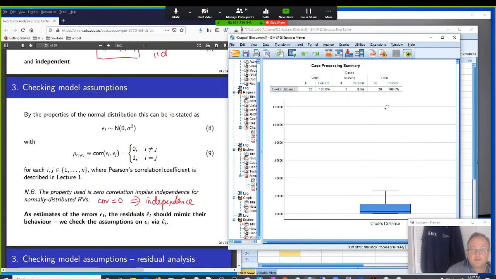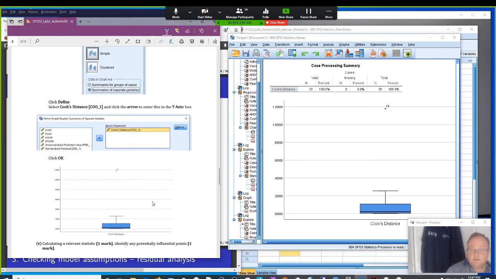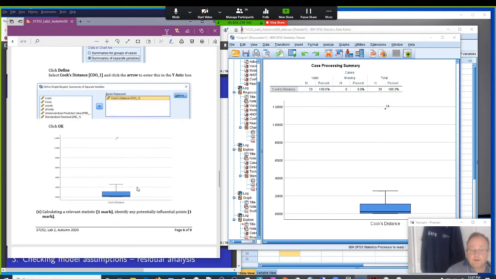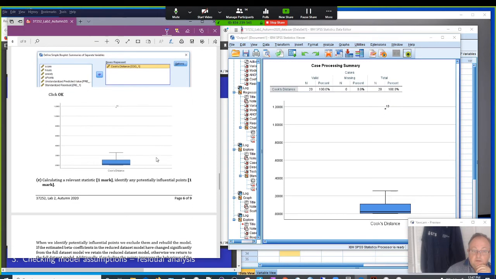Great. So using the relevant statistic, identify any potential influential points. So clearly the potential influential point is 13, data point 13.